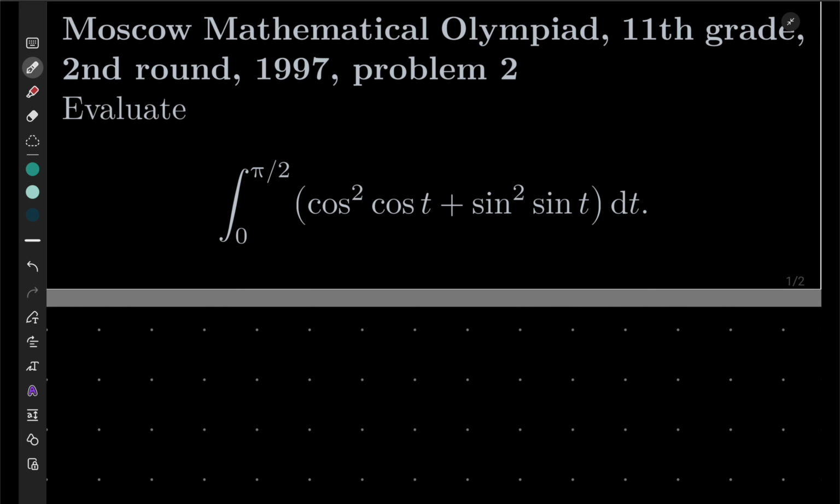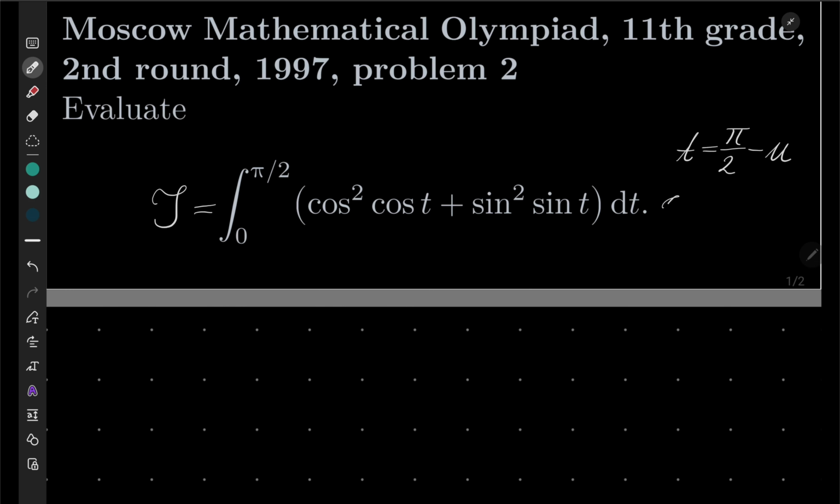Okay, so my solution, I will make use of a suitable substitution. So first of all, let's call this integral I, okay? And now, let's make the following substitution. Let t be equal to pi over 2 minus u, for example.